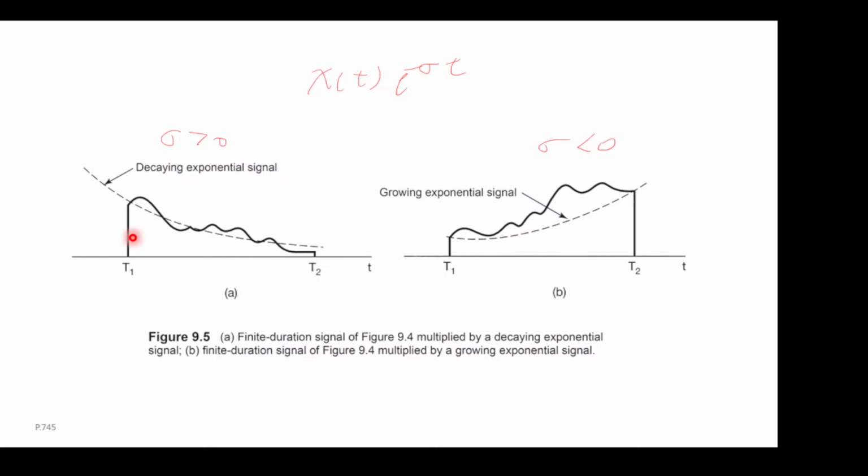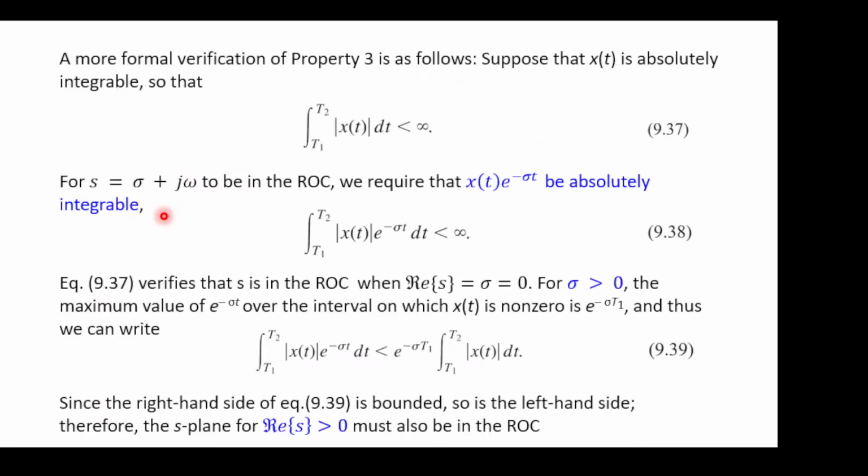This decay function is biggest at t1. And everything is positive here because we are doing absolute value. And so you can take the largest one as an upper bound. So this is less than just the original integral times the largest value of e to the minus sigma t between t1 and t2, and that's e to the minus sigma t1.